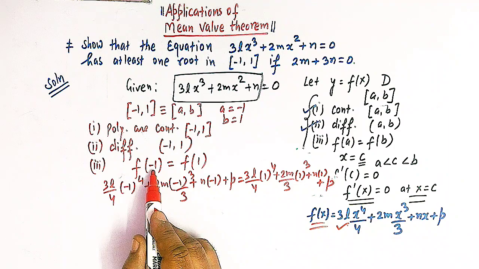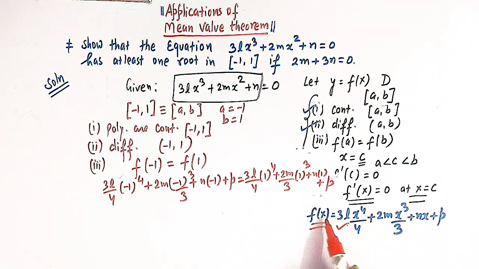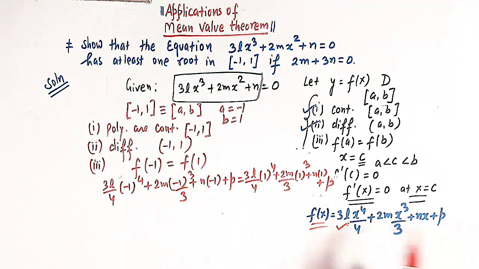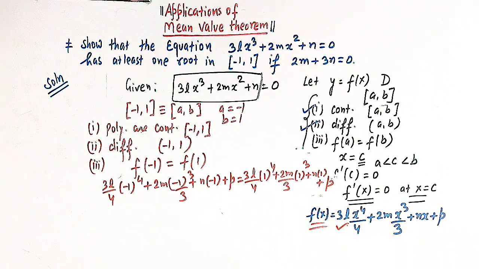So f of minus 1 can be obtained by taking x equal to minus 1 in this polynomial, and f of 1 can be obtained by taking x equal to 1 in this polynomial.